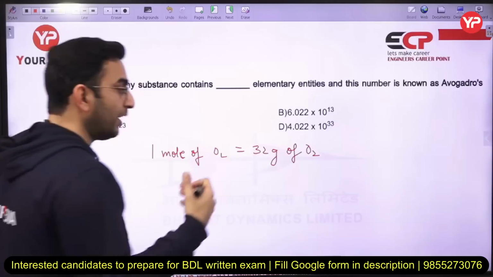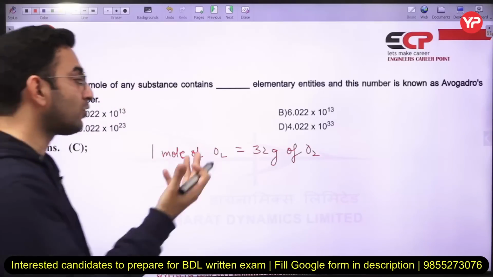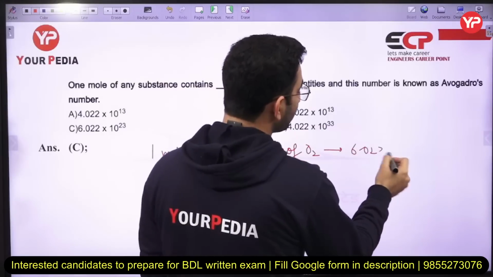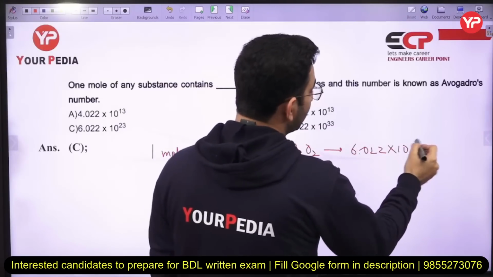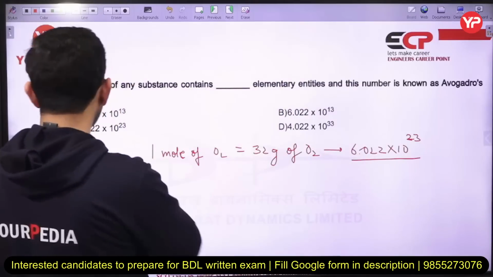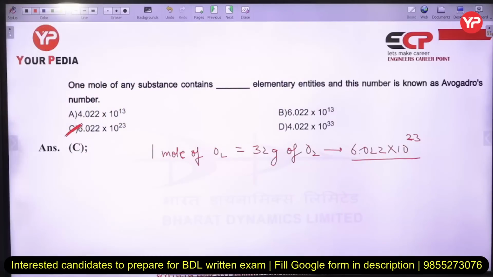And how many particles, how many atoms or molecules are there? There are around 6.022 into 10 to the power 23 particles here. So here option number C is going to be the correct answer.